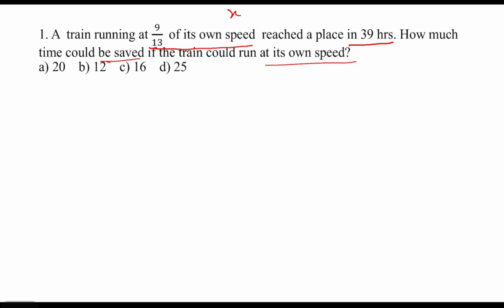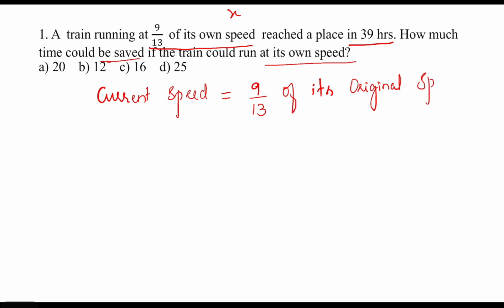So current speed of the train, means now at what speed it is running? It is running 9/13 of its own speed. Own speed means let it be original speed. So it is running 9/13 of its original speed. That is current speed is 9/13 of its original speed.